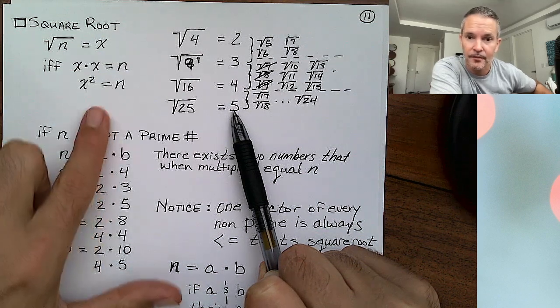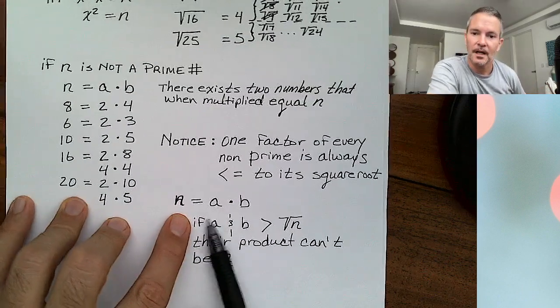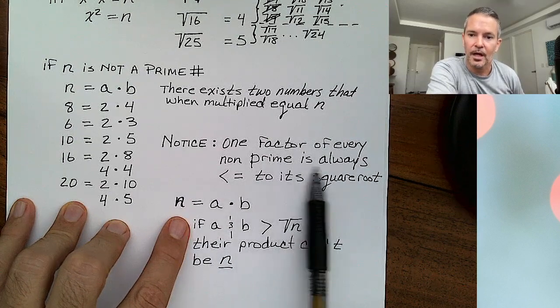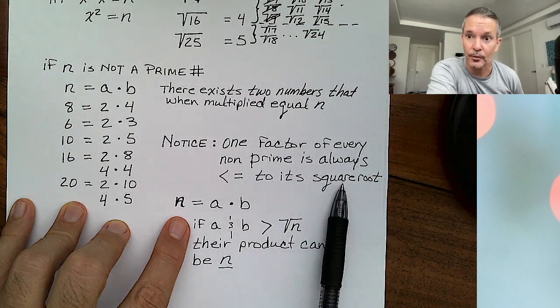So in all of these examples, my point is that one factor of every non-prime is always less than or equal to its square root.